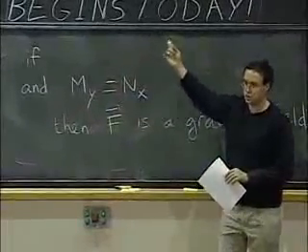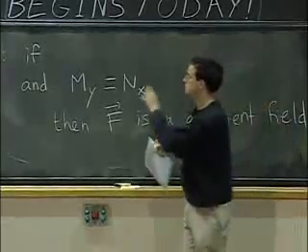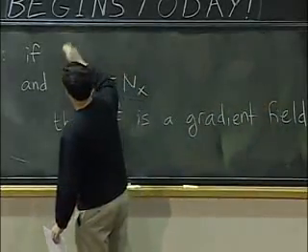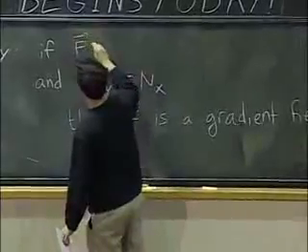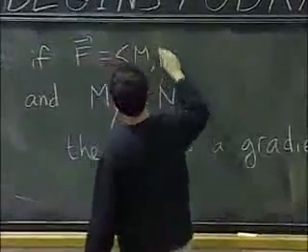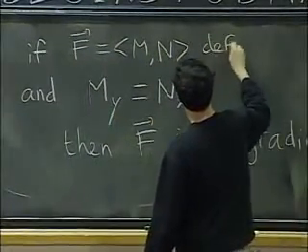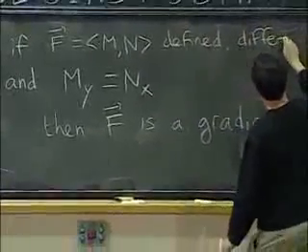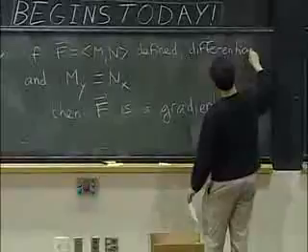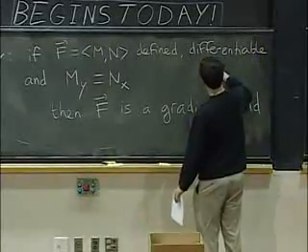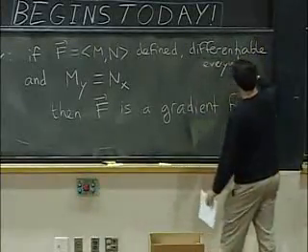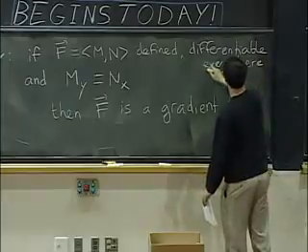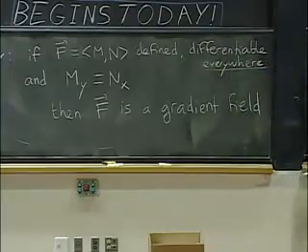Well, we'll see a more precise version of that next week. But for now, let's just say if our vector field is defined and differentiable everywhere in the plane. So we need a vector field that's well defined everywhere.